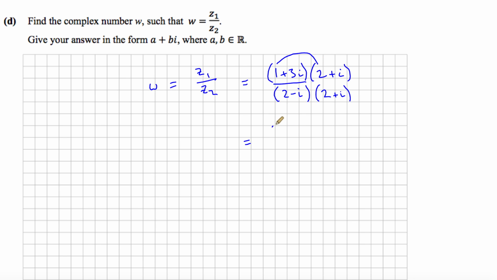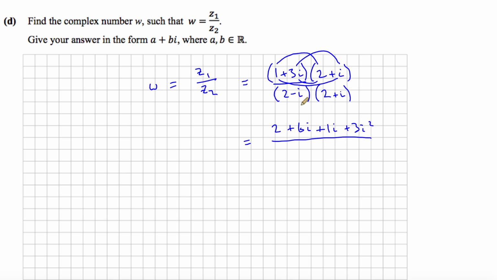1 times 2 is 2. 3i by 2 is 6i. And then here 1 times i is 1i. And then finally this here, 3i times i is 3i squared.